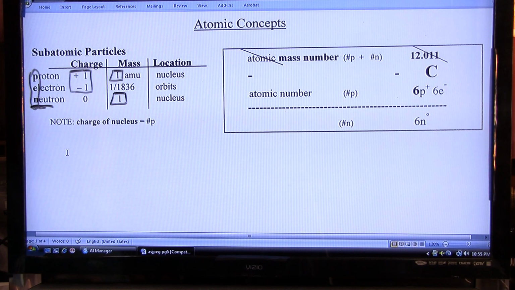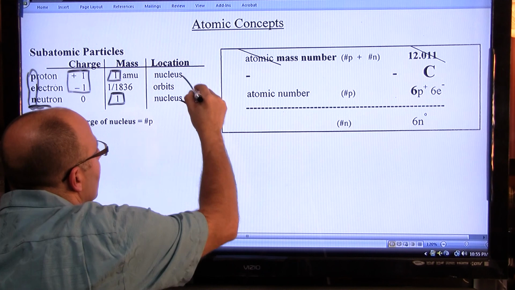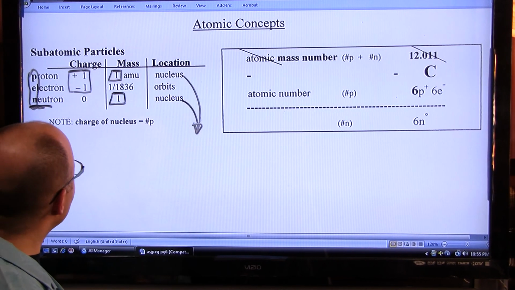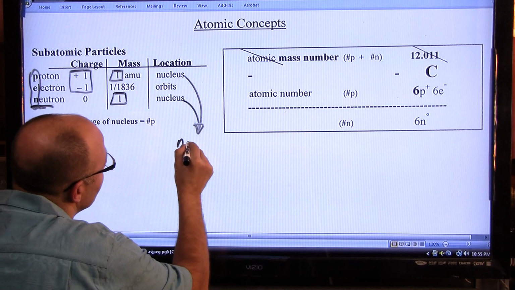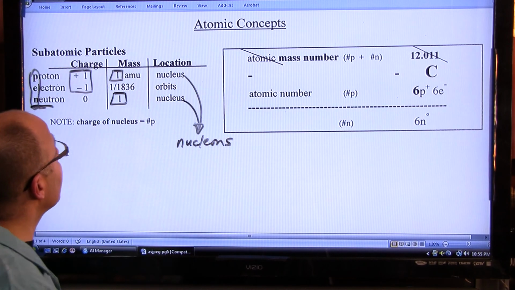When it comes to location, protons and neutrons make up the nucleus, or the center of an atom. Electrons are found outside the nucleus in the orbits. So it's for that reason that protons and neutrons are referred to as nucleons, because they make up the nucleus.